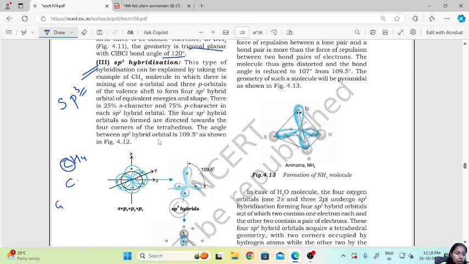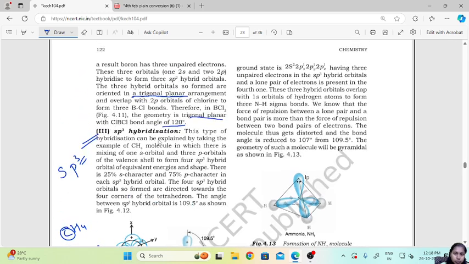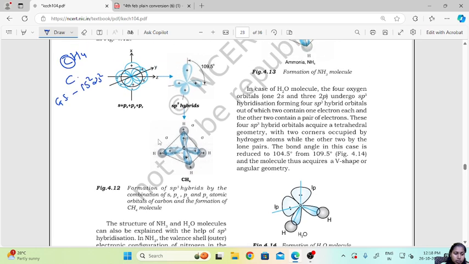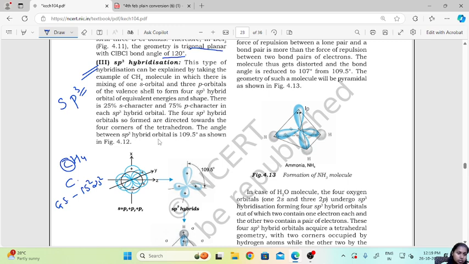Carbon in the ground state has the electronic configuration 1s2, 2s2, 2p2, because carbon's atomic number is 6.